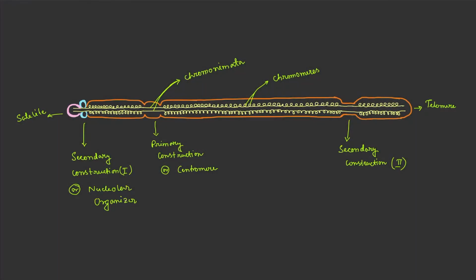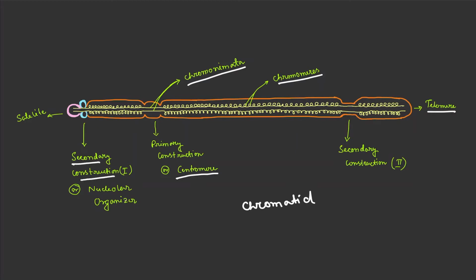As I said earlier, a chromosome has two identical halves, so let's talk about a single half of a chromosome, that is a chromatid. A chromatid has different parts: the primary constriction and centromere, which I discussed earlier; the chromonemata, which is a thread inside the chromatid; the chromomeres, which are a bead-on-string structure; then the telomere; and the secondary constriction.